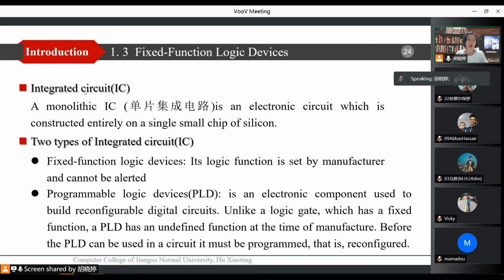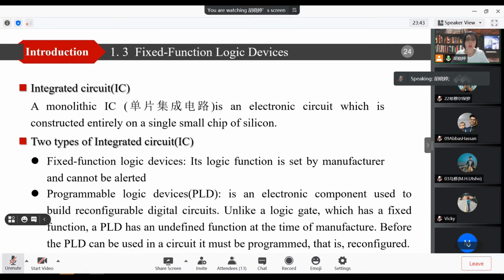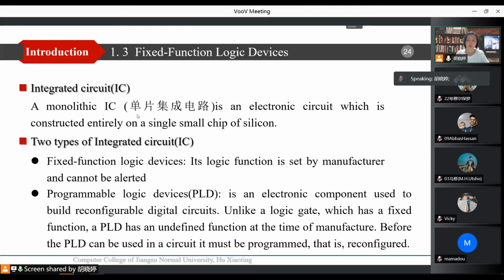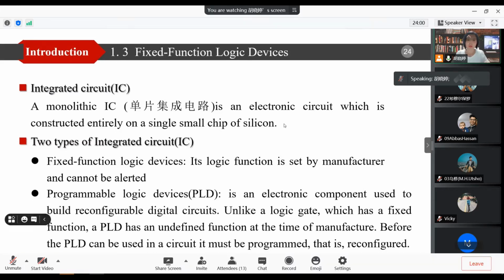Okay, so IC means integrated circuit. That means one IC is an electrical circuit. First, that is the circuit. This circuit will be constructed entirely on a single small chip of silicon. So that's why we call that the integrated circuit.